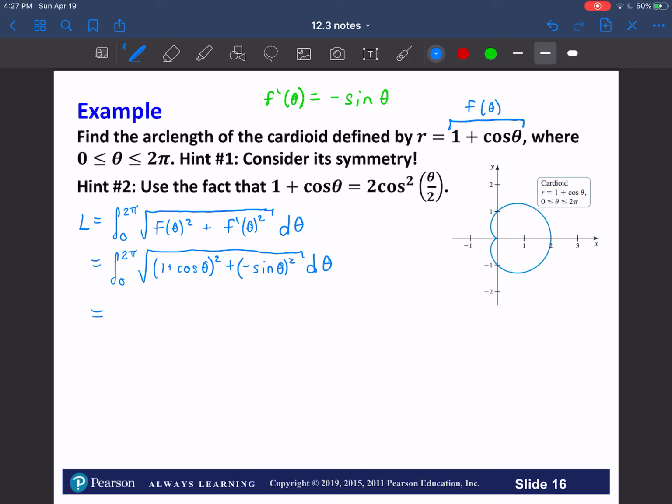At this point, we will use its symmetry, and notice that we can write this as 2 times the integral from 0 to pi of the square root of 1 plus cosine theta squared plus negative sine theta squared d theta.